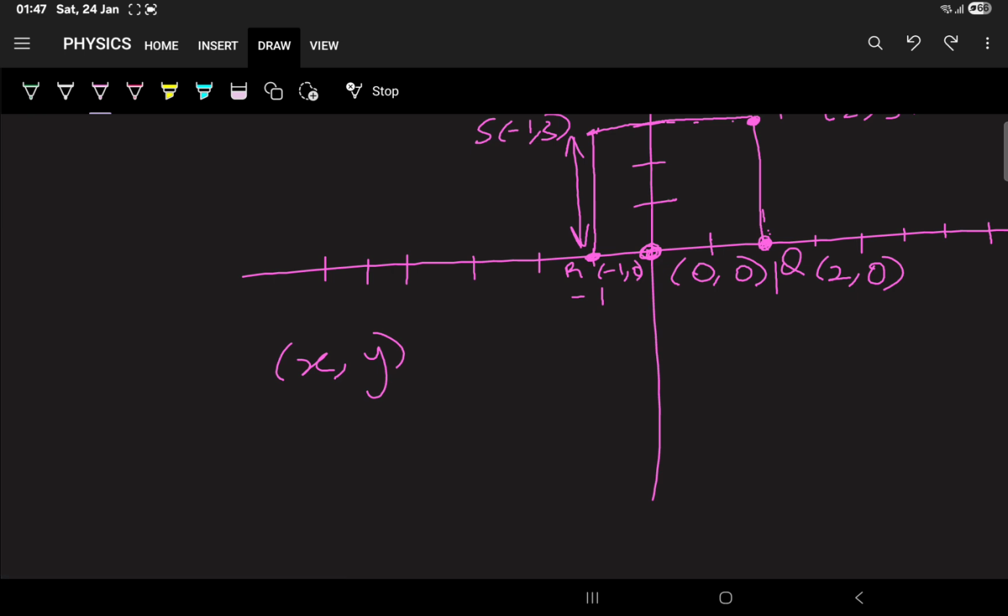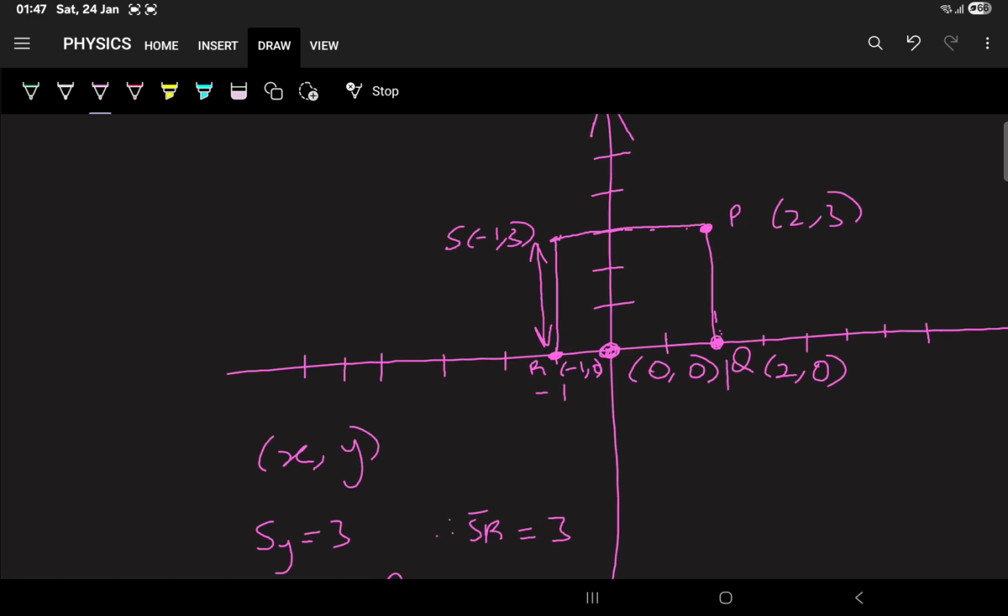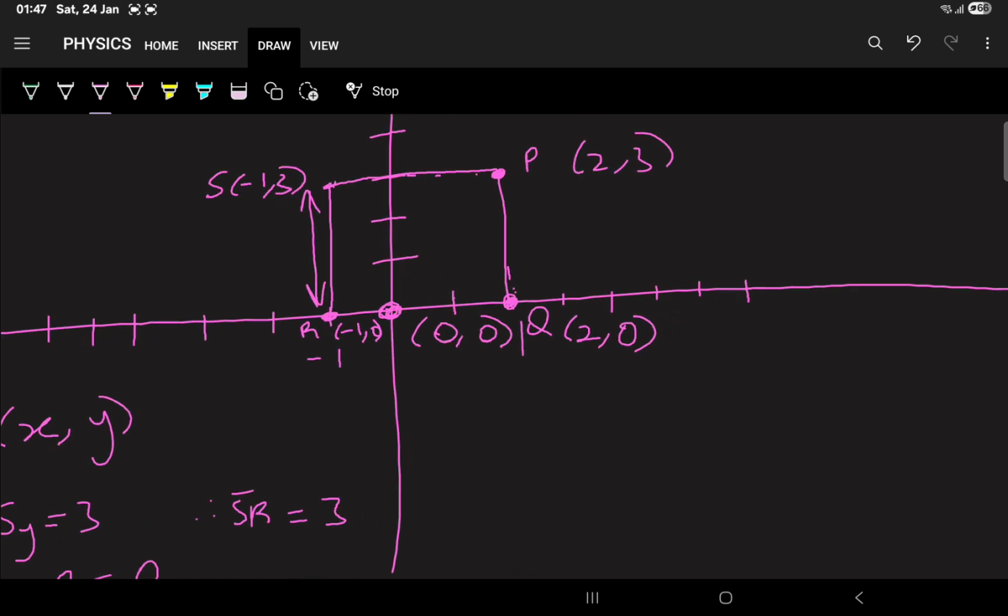Well, we know the y coordinate of S is 3 and the y coordinate of R is 0. Therefore, SR will be 3 minus 0, and that will be 3. So the length SR is 3.